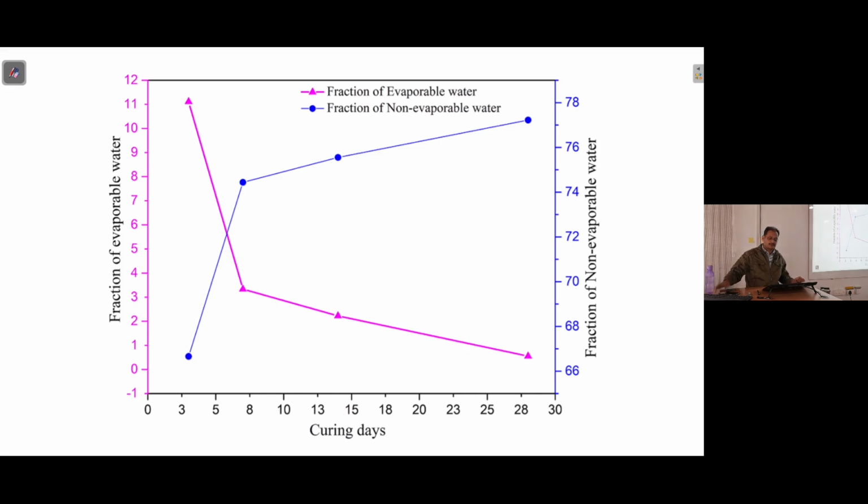And then again we tried to have some kind of formulation or a physical mechanism which might be giving rise to the occurrence of these emissions. For that, this was a useful thing. This is showing the variation of water content in the material. Here, this blue one is the fraction of non-evaporable water, and this pink one is the fraction of evaporable water.